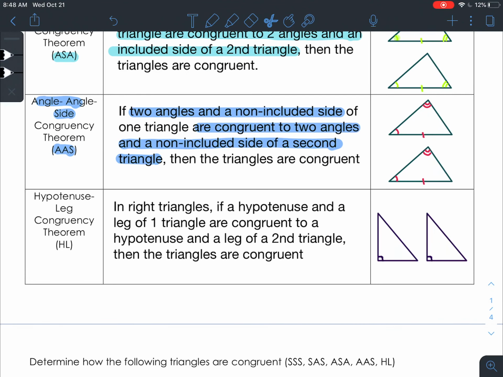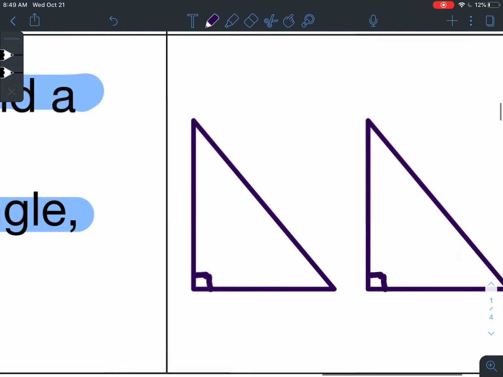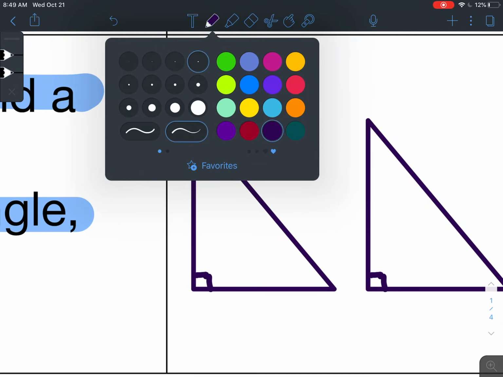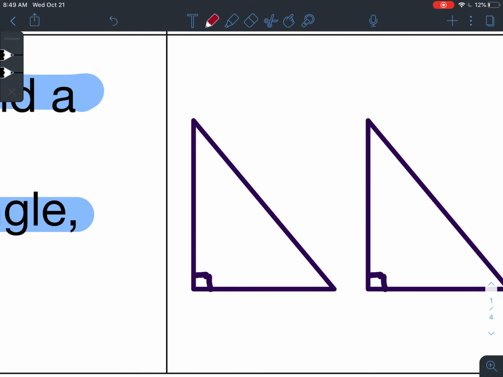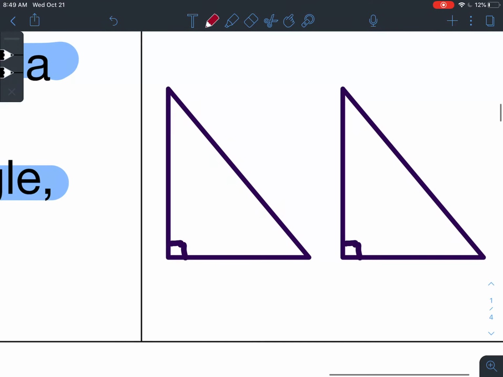In this one, it says in right triangles, if a hypotenuse and a leg of one triangle are congruent to a hypotenuse and a leg of a second triangle, then the triangles are congruent. So real quick, we just have to talk about which one's our hypotenuse. Your hypotenuse is always going to be opposite of that right angle.